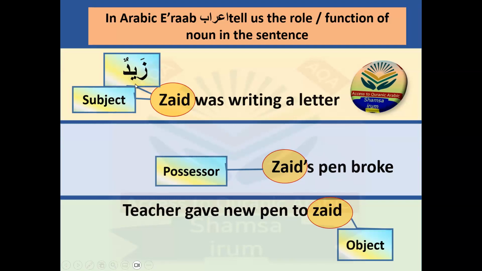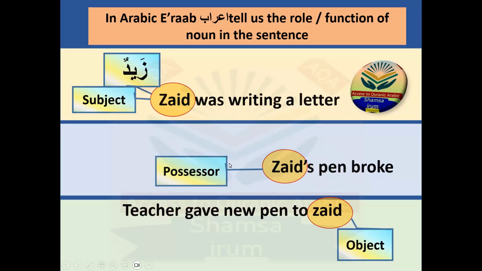If the name Zaid acts as a subject, it must be in the marfu state. The i'rab of this word should be marfu. Because of this case ending, this rafa state will tell us that Zaid is acting here as a subject, not an object and not a possessor.